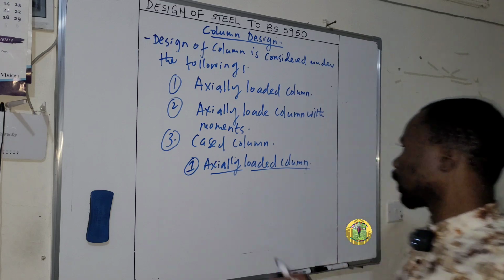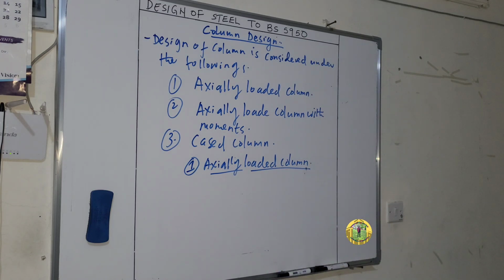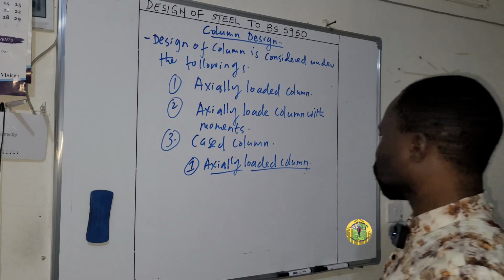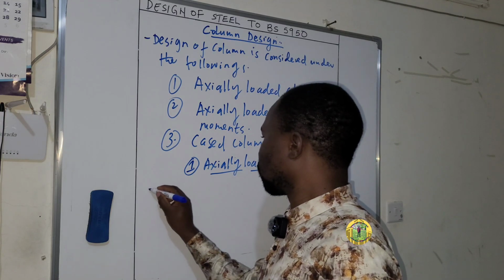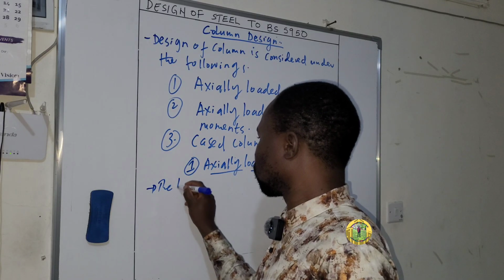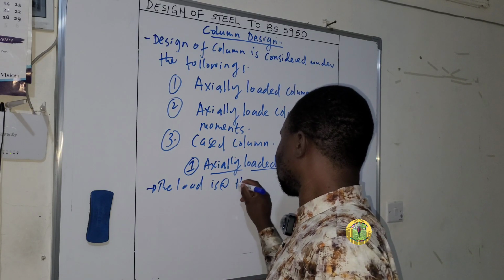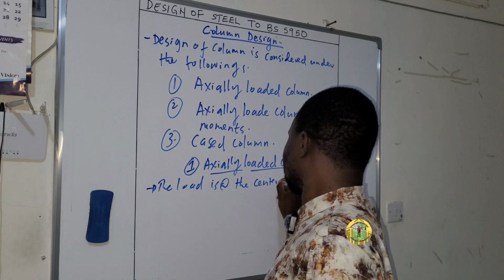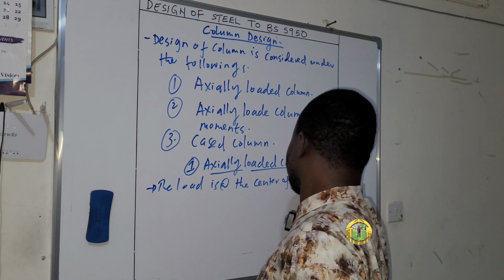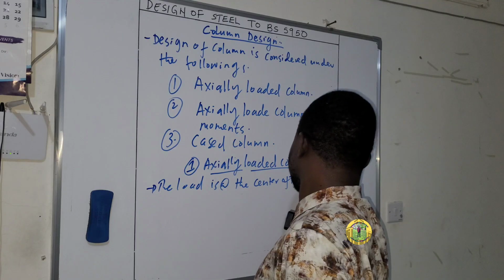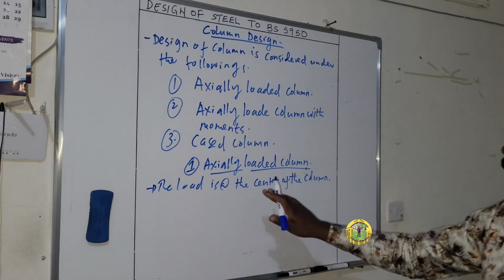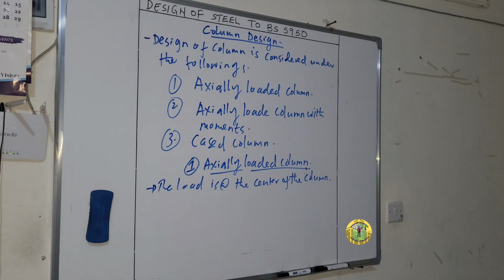When a column is axially loaded, it means the load is at the center of the column. So it is an axially loaded column.